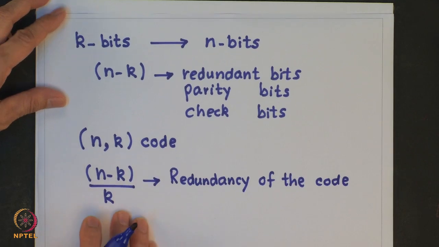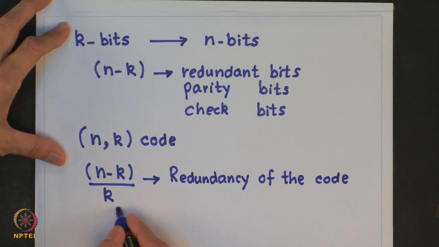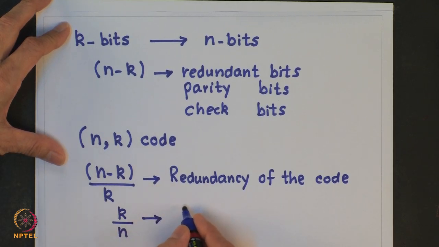The ratio of data bits, which is k by n, is called the code rate.